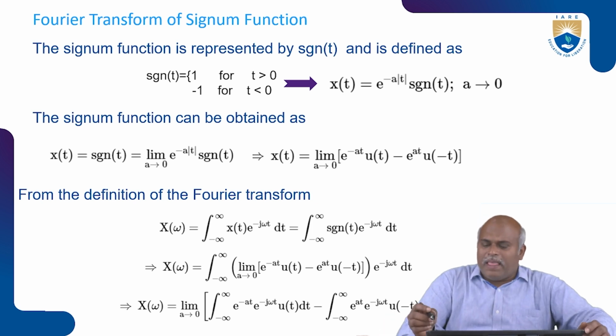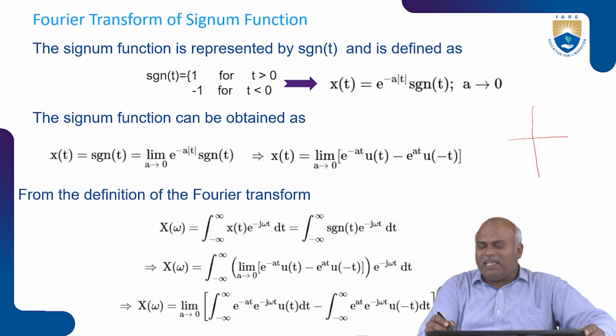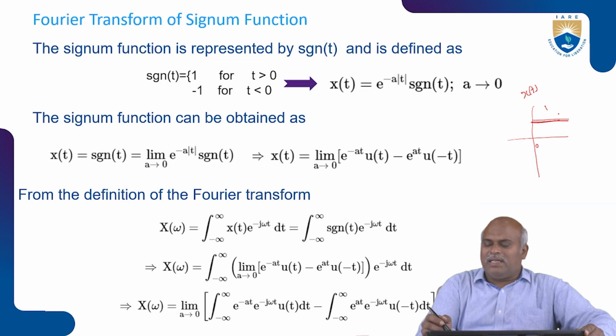That means when we draw the signal, when t is greater than 0, the value is 1. I take this as x(t). If t is less than 0, it is minus 1.